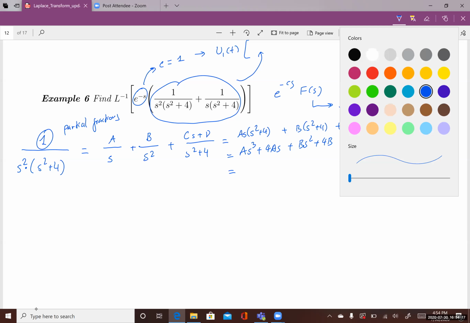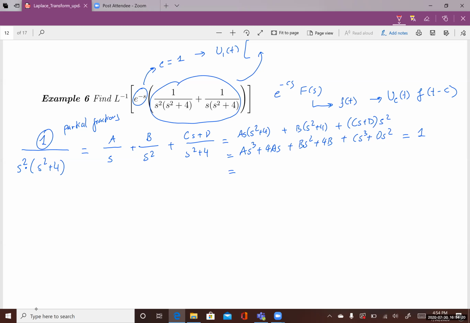That means you can cancel some of the terms here. So a plus c equals 0, b plus d equals 0, 4a equals 0, and 4b equals 1. So that means b equals 1 over 4, a equals 0, c should be equal to 0, and d should be equal to negative 1 over 4.